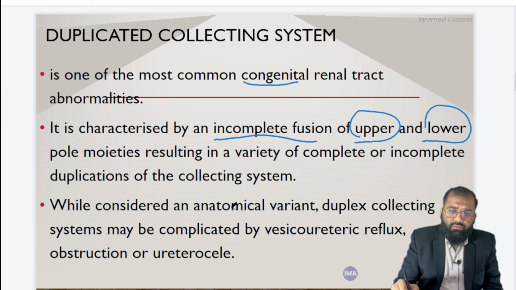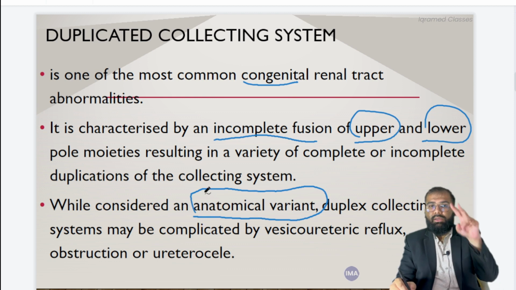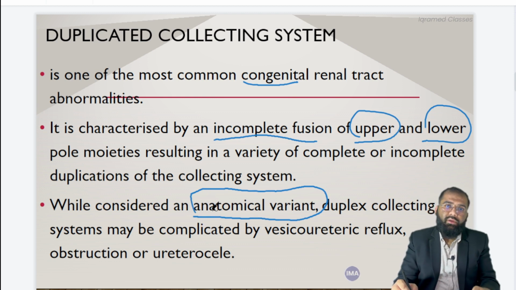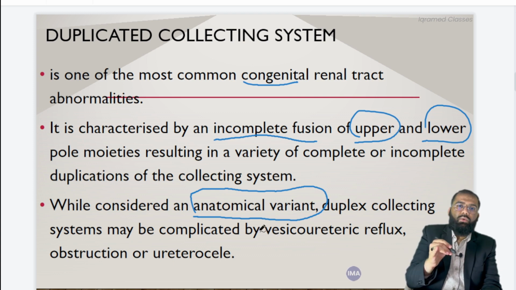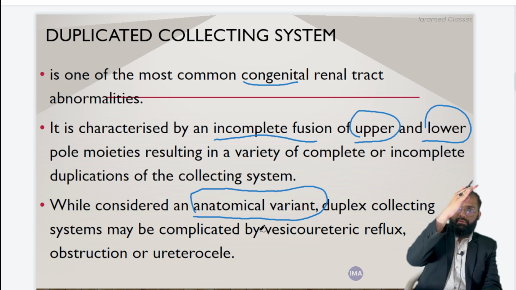So it's one of the anatomical variants, but we have seen two important complications, and we have seen the Weigert-Meyer law, where the upper ureter which inserts low has a ureterocele and that might lead to obstruction and focal hydronephrosis.